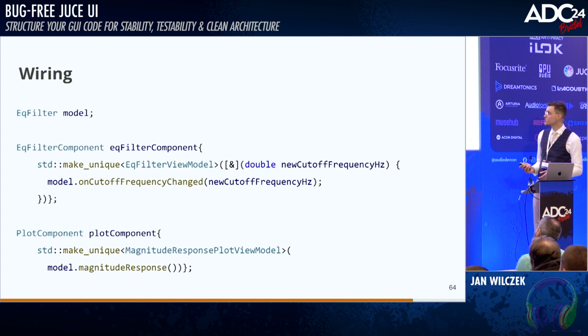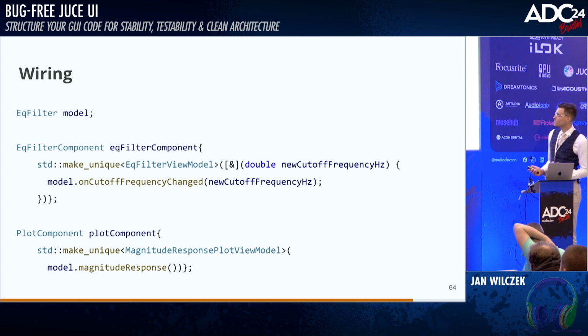You create your model, and then you create your view to which you supply your view model. And to the view model, you just supply the callback that should be called if the cutoff frequency changes. And then you have your view that's responsible for plotting, to which you pass the view model responsible for calculating the plot. And to this, you just pass the observable property.